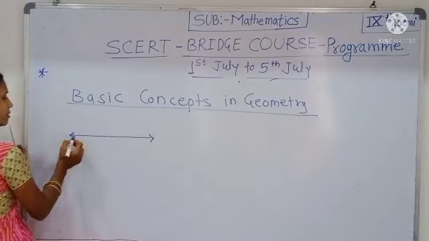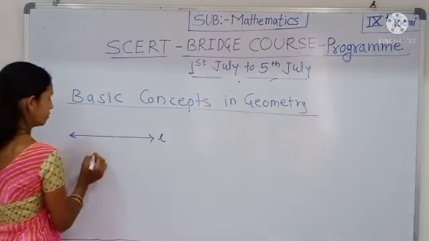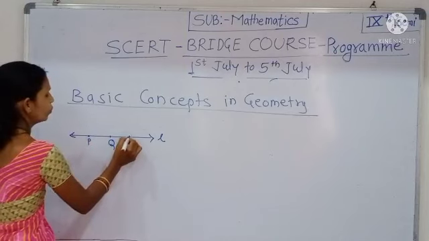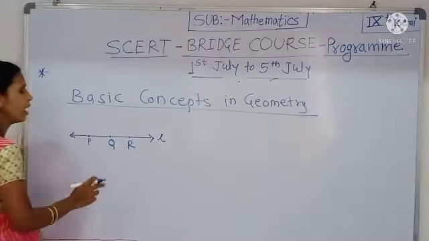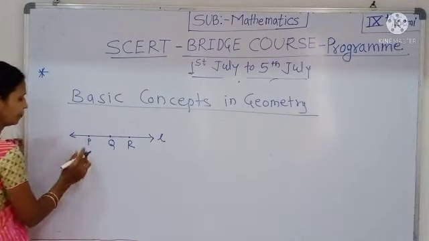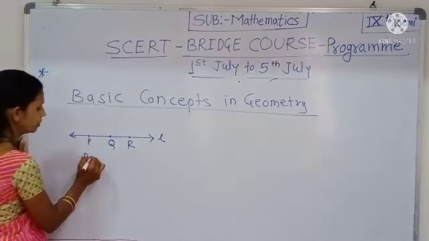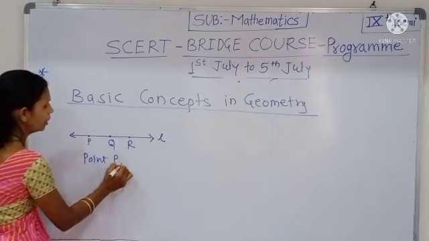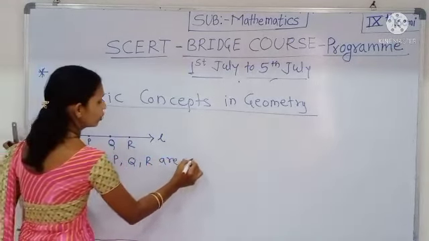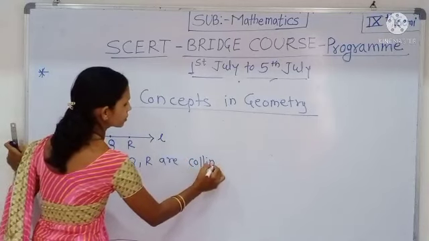That is, see here, line L is there and points P, Q, R lie on the line. Then the points P, Q and R are collinear points.